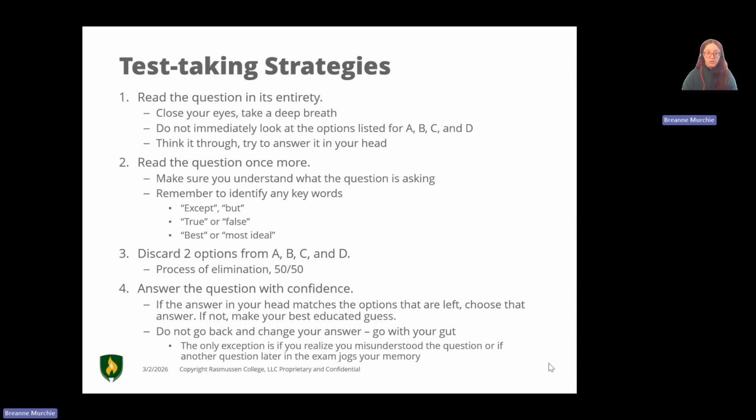Go back to that question, do your test taking strategies again, read the question, read it again, do your 50-50, and really digest and make sure that if you are going to change your answer because of this aha moment, that you're doing it for the right reason, not because you're second guessing yourself, but because you had an epiphany. Okay, so that's your test taking strategies. Please stick to them. They will help you score higher in the certification exam.